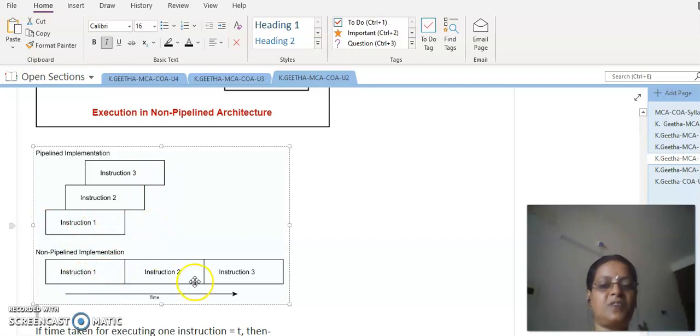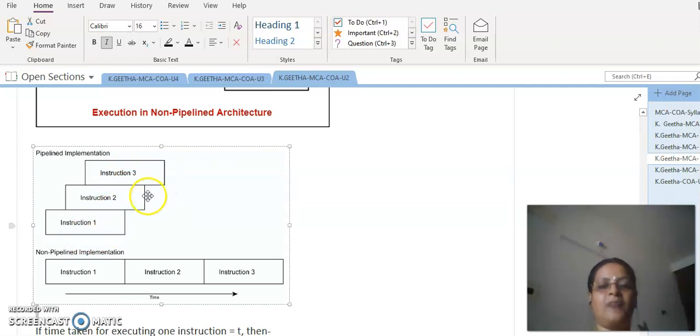Whereas if it is non-pipelined execution, it will execute the instructions only one at a time, so the time of individual instructions will be consolidated continuously, and it will take this much time. When it comes to pipeline, it is overlapping, and so we are able to complete the 3 instruction execution well in advance.